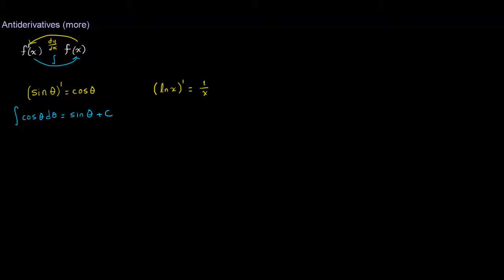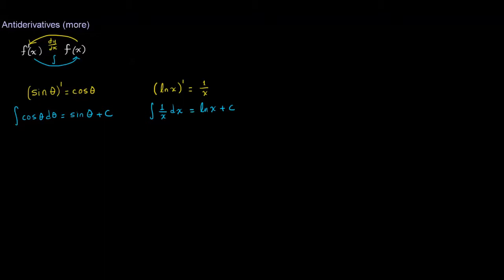So if you take the antiderivative of 1 over x dx, this would be equal to the natural log of x plus c. But now, there's something missing here. This expression with the natural log of x, there's something we have to add, but I'm going to explain it later on. I'm trying to keep it simple and just explain the first cases.